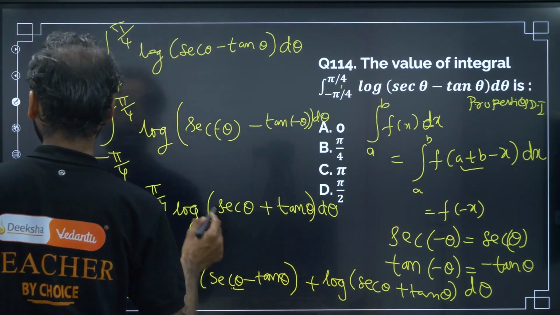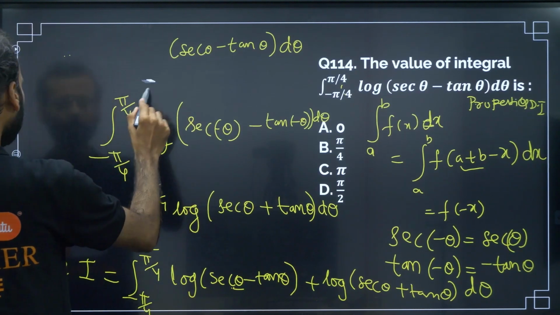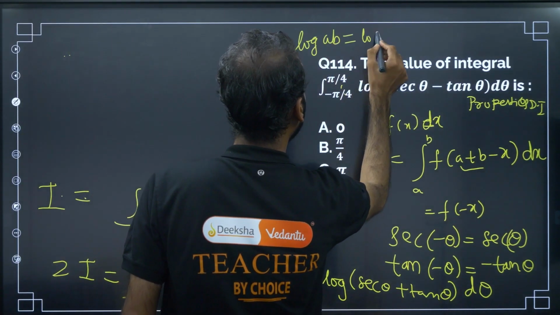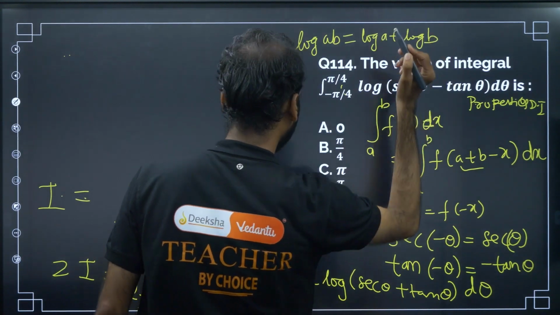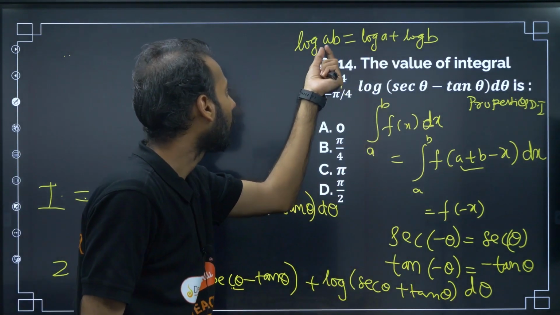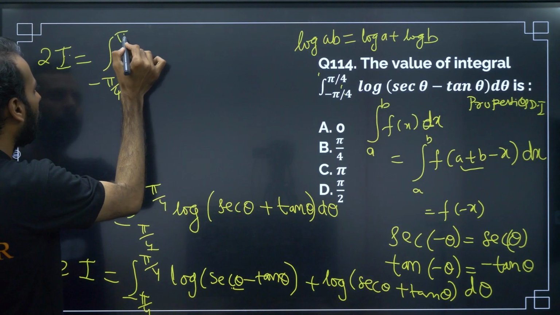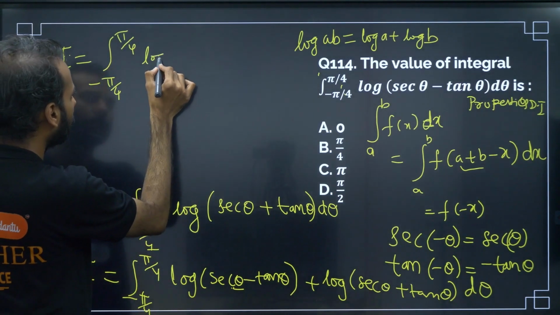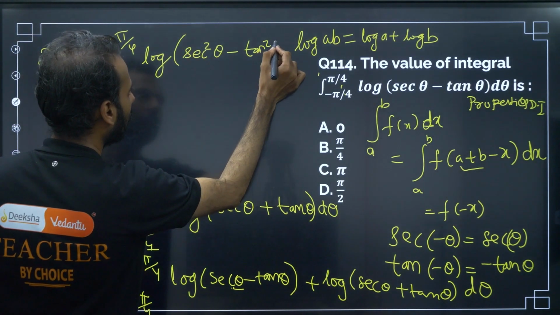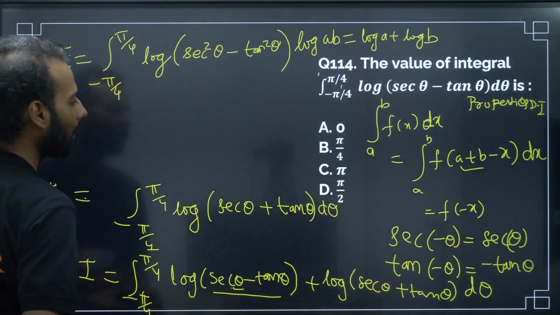Log A plus log B. If you remember the properties of logarithm, let me write that property: log AB is equal to log A plus log B. So 2I is equal to the integral from minus pi by 4 to pi by 4 of log of the product: secant theta minus tan theta into secant theta plus tan theta, a minus b into a plus b, a square minus b square, secant square theta minus tan square theta.